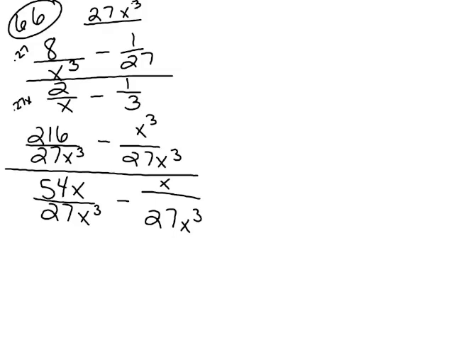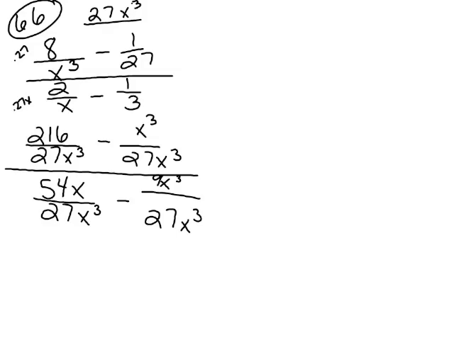What do I do to turn a 3 into a 27x cubed? Times it by 9x cubed. Okay, so then on top, I'm going to have 9x cubed.